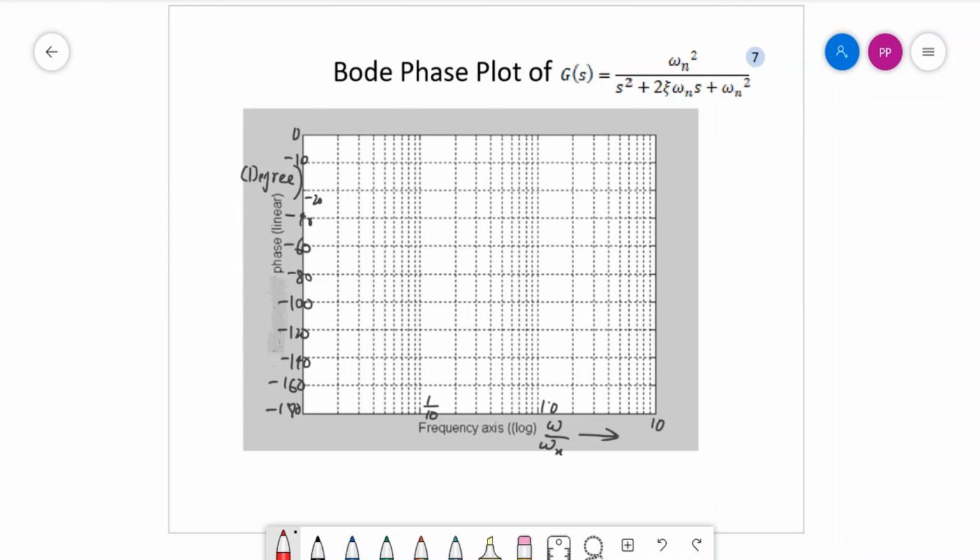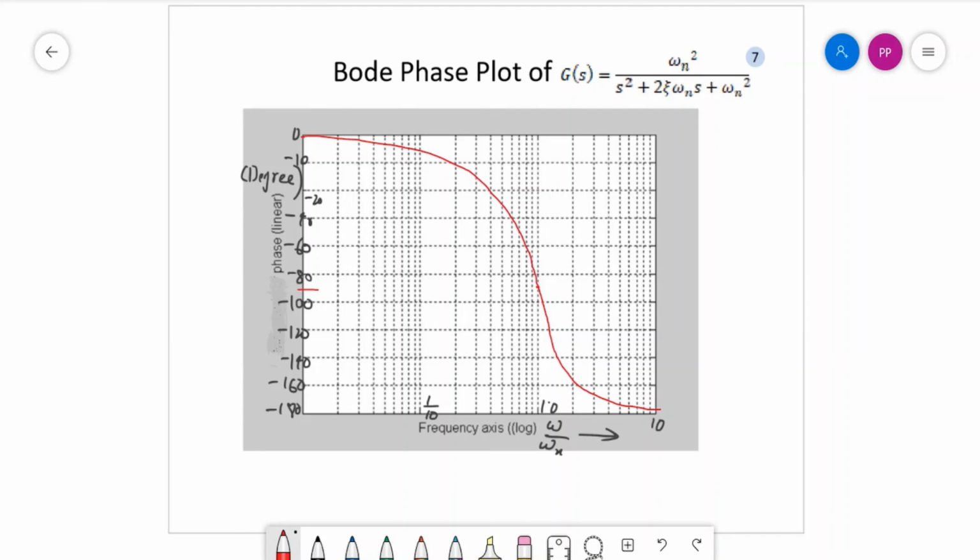Start at 0, you cross the minus 90 degree line at the corner frequency, and we will go like this.